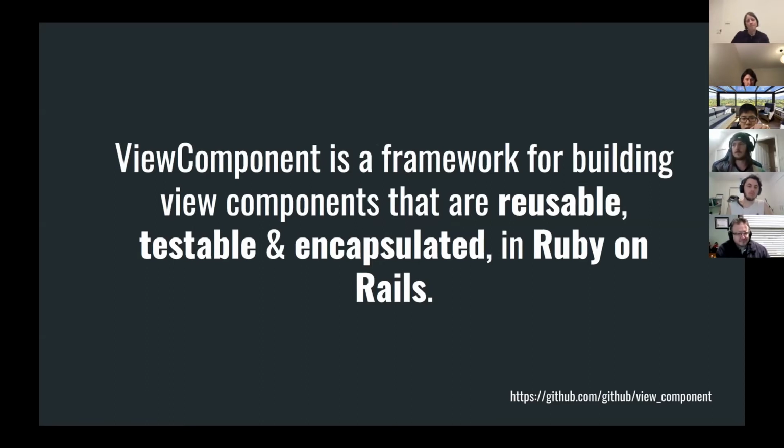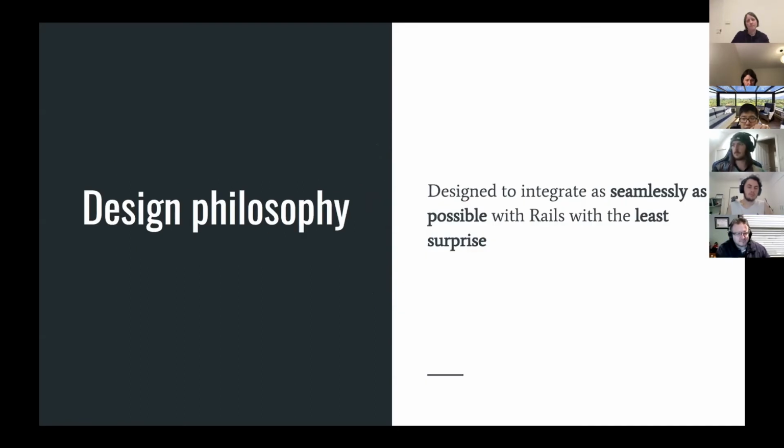And this last bit is very important. The design philosophy is that they're designed to integrate as seamlessly as possible with Rails with the least surprise. So the development team has taken a lot of time and effort into making components feel as native to Rails as possible. And they are merging commits into Rails to make that happen.